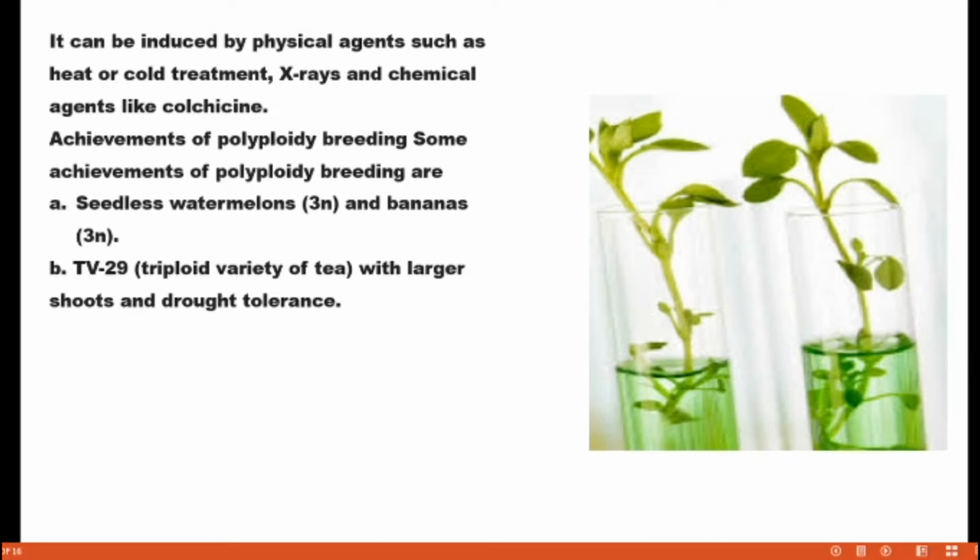So where there is scarcity, the plants are able to survive. This variety, TB28, is a polyploid plant because of polyploidy breeding.